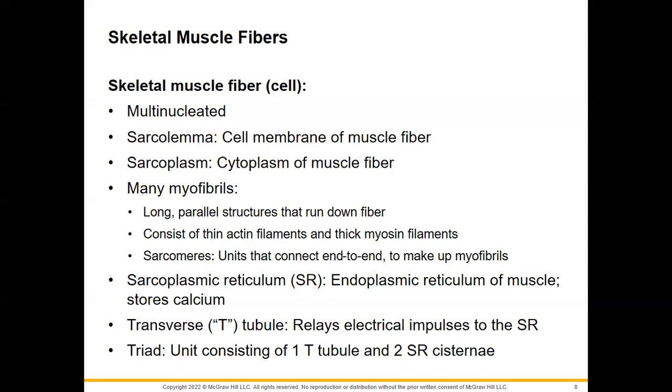Make sure you're looking up the term cistern, C-I-S-T-E-R-N, so you can understand what a cistern is. So in each triad you have one T-tubule. Remember, the T-tubule is what relays those electrical impulses to the sarcoplasmic reticulum, and there are two sarcoplasmic reticulum cisternae associated with the triad.